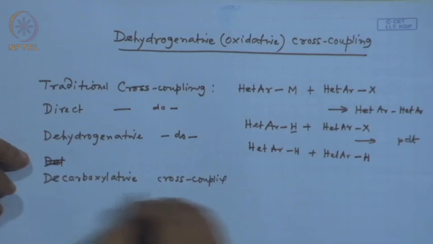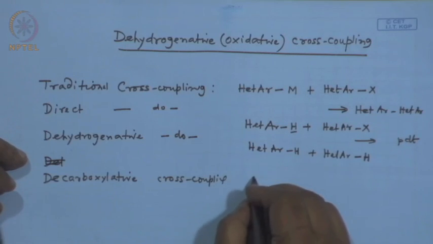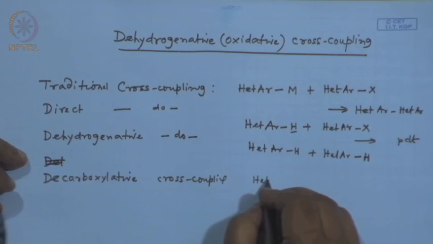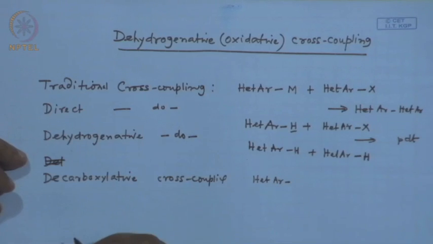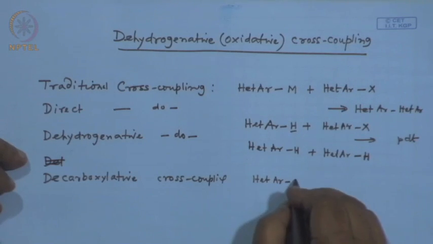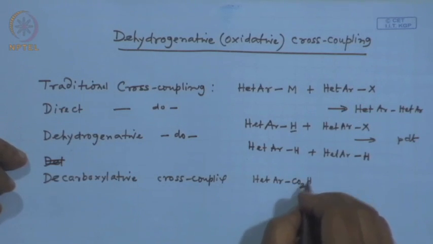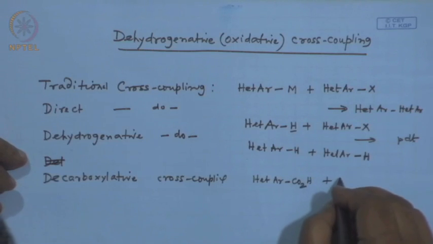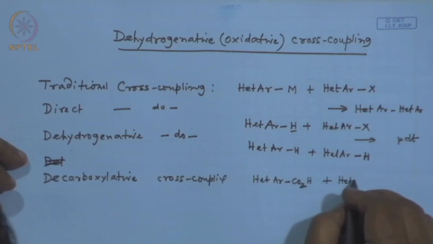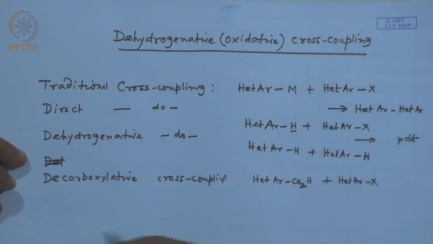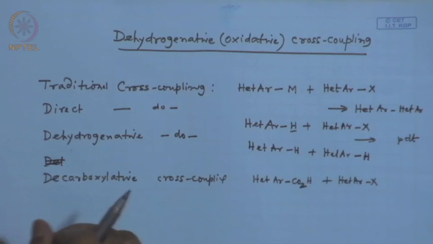Again, decarboxylative cross coupling. What is meant by that? It is a heteroaryl where, instead of the hydrogen, you take a carboxylic acid, and the other reacting partner should be a heteroaryl, like in any other reactions such as halogenations.